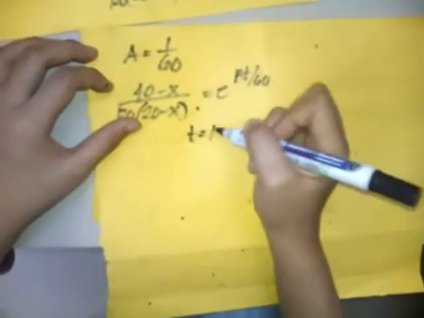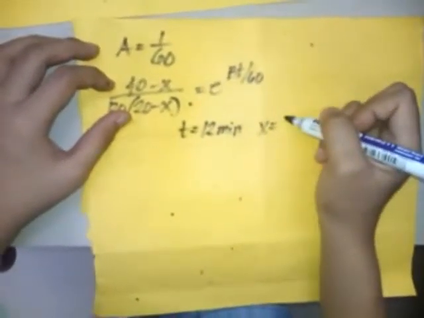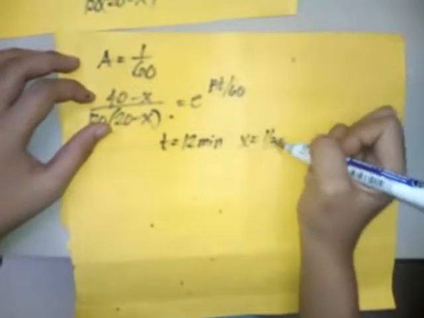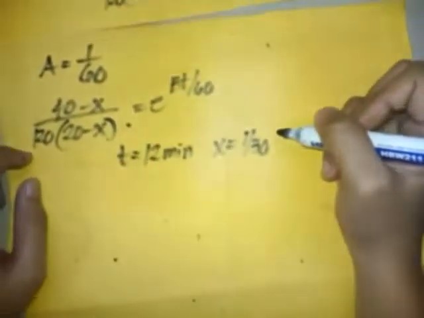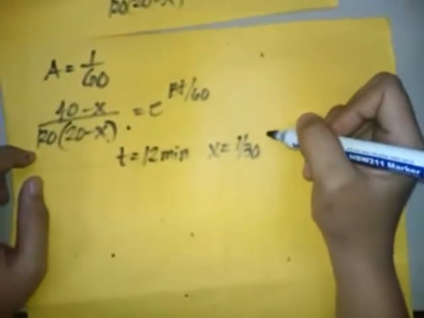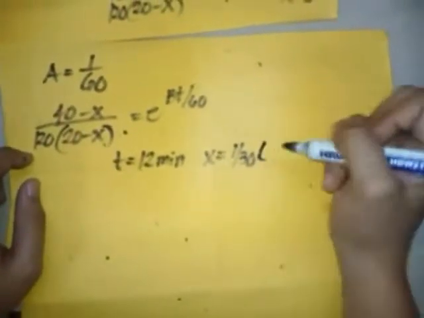When t is equal to 12, x is equal to 1 over 30 times 120, which is 4.